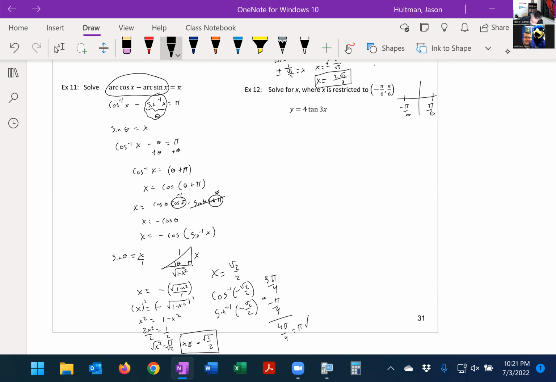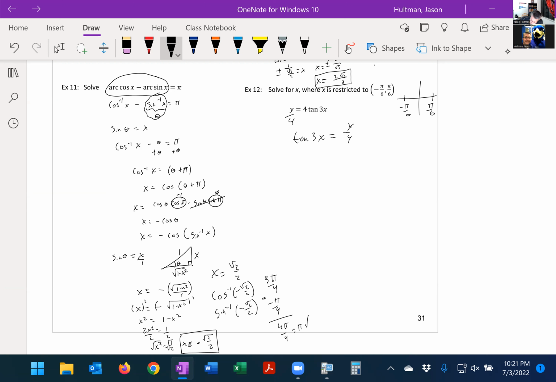X is within this domain. So let's divide by 4. We get the tangent of 3x is equal to y over 4.